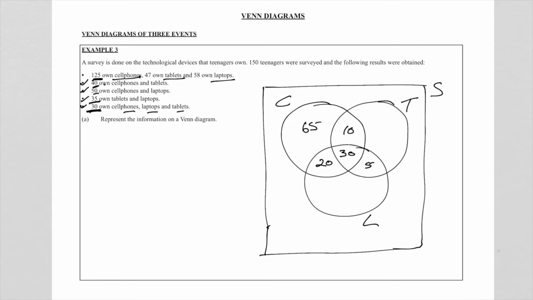So that means we are finished with the 125 and now we go for the 47. And that is the 47 people who own tablets. So that 47 tablets is this whole event again. We have already, if you add these 3, we have 45, but the total must be 47.